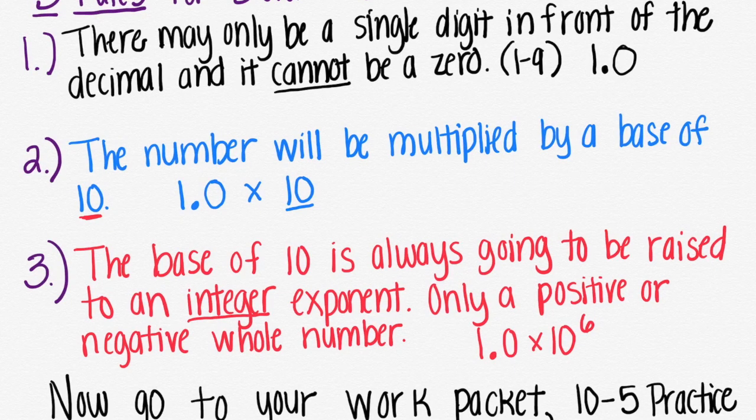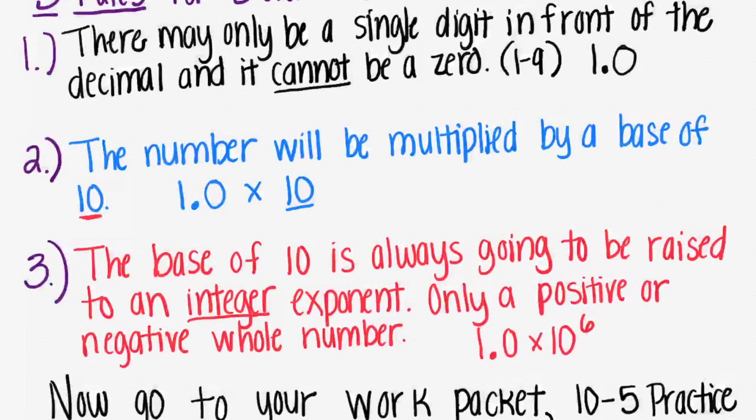The last thing is that the base of 10 is always going to be raised to an exponent, and this exponent is an integer. Now remember, in the last unit we learned that an integer is only a positive or negative whole number. So it can be a positive or negative whole number answer. It can't be a variable, it can't be a decimal, it can't be a fraction.